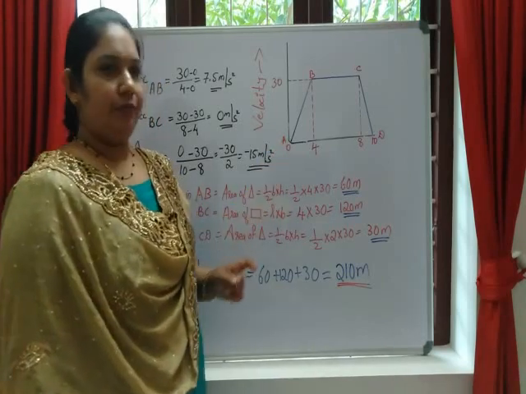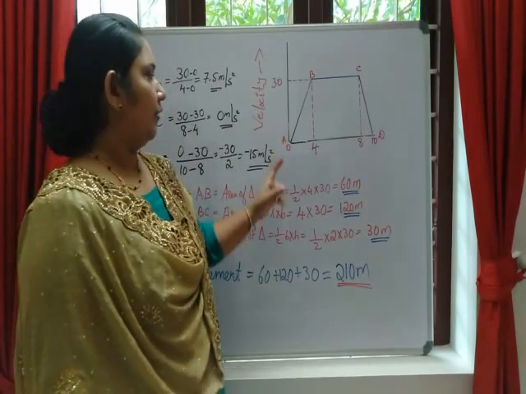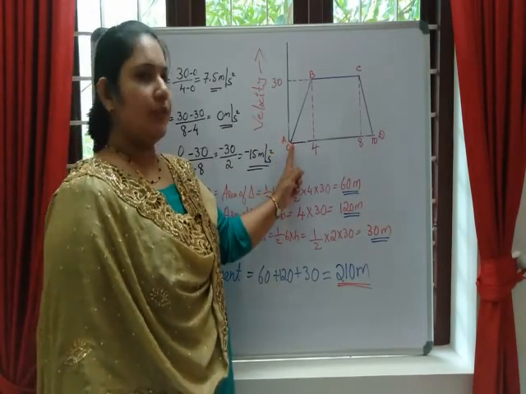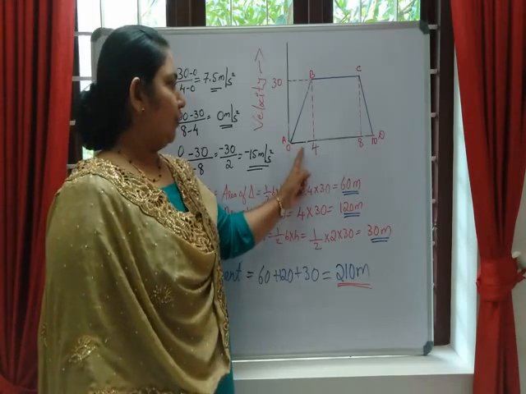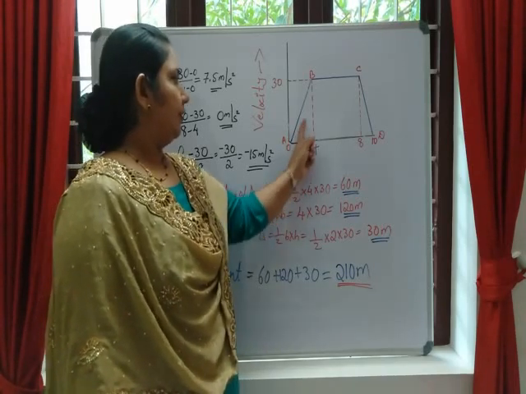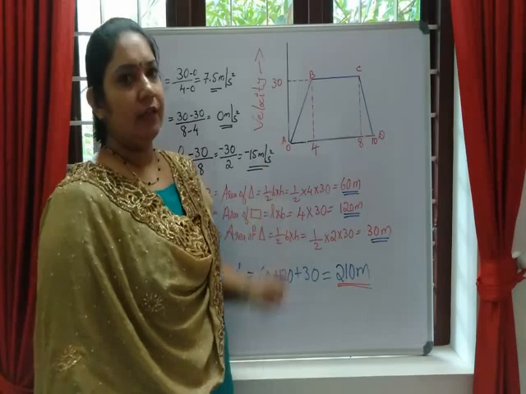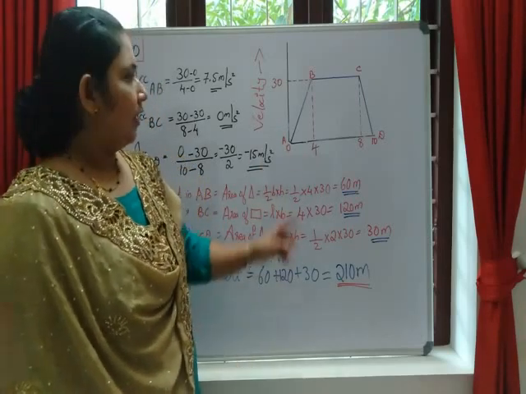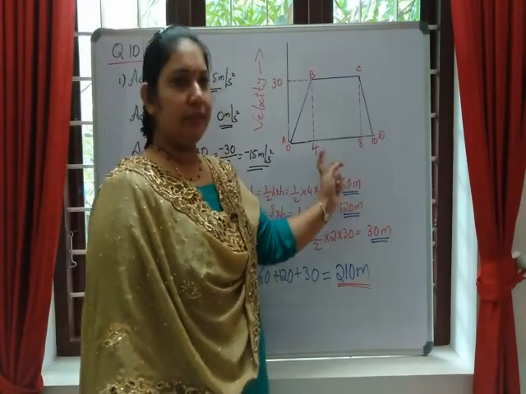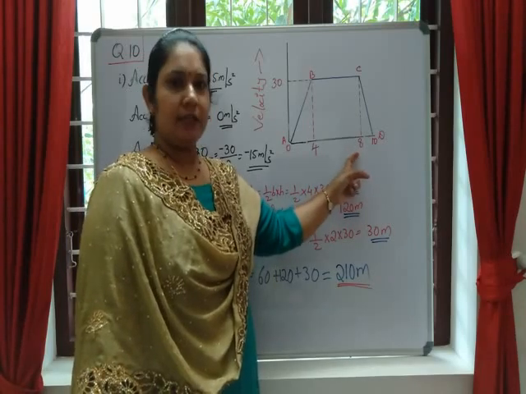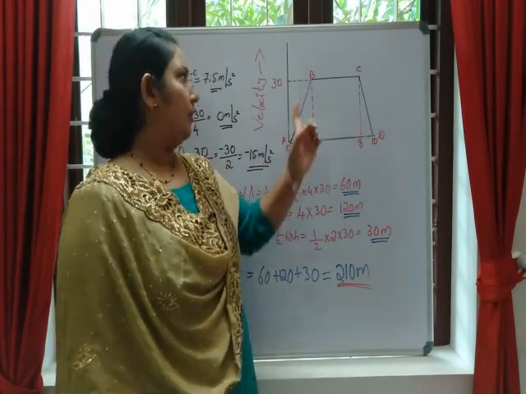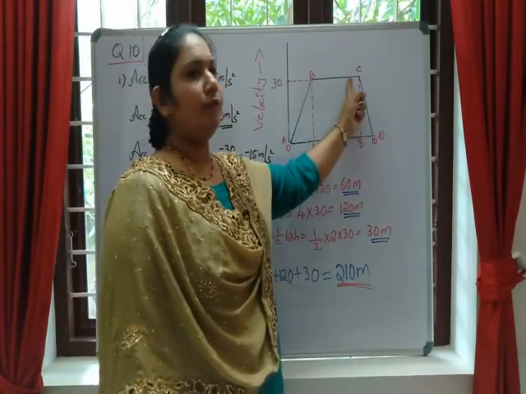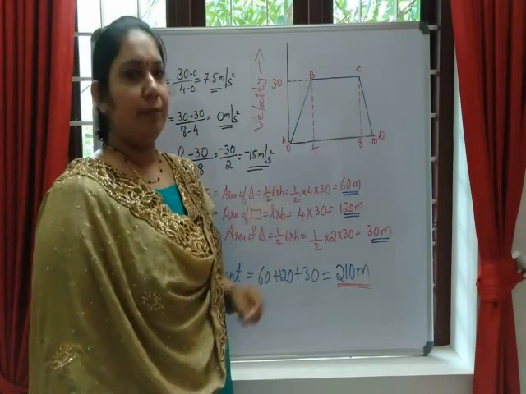So from the graph, first you have to understand the graph. Here you can say body starts from rest and within 4 seconds it reaches the maximum velocity 30 meter per second. And for the next 4 more seconds, from 4 seconds to 8 seconds, the body moves with the same velocity, that is 30 meter per second.